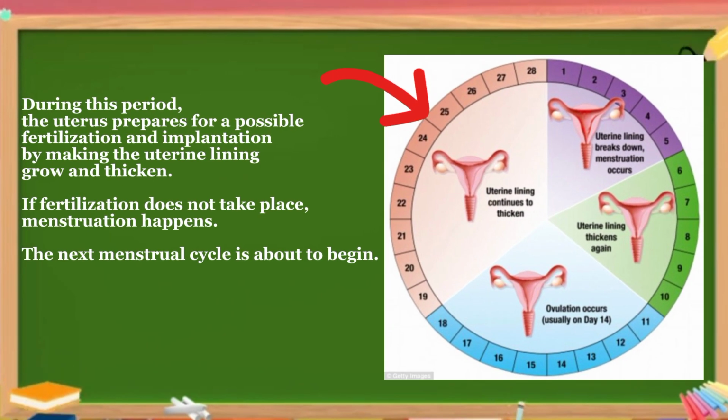Fourth phase. During this period, the uterus prepares for a possible fertilization and implantation by making the uterine lining grow and thicken. If fertilization does not take place, menstruation happens. The next menstrual cycle is about to begin.